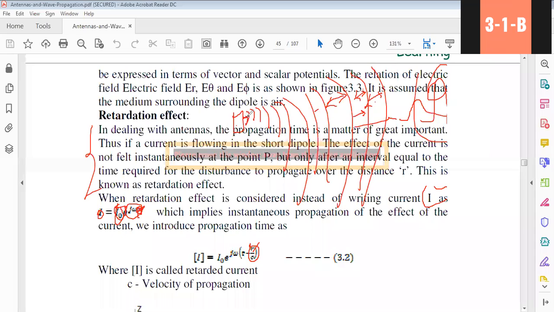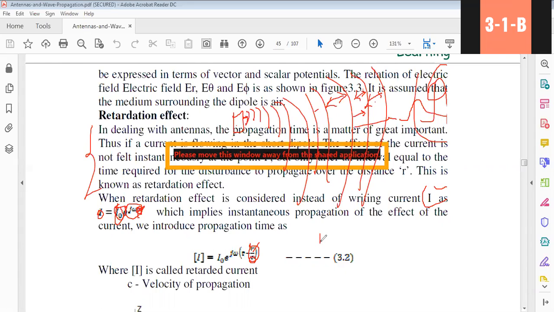Okay, and with how much speed it propagates. Okay, this is called v. Okay, what is the wave velocity in free space? Wave velocity in free space is nothing but light velocity, 3 into 10 power 8 m/s.